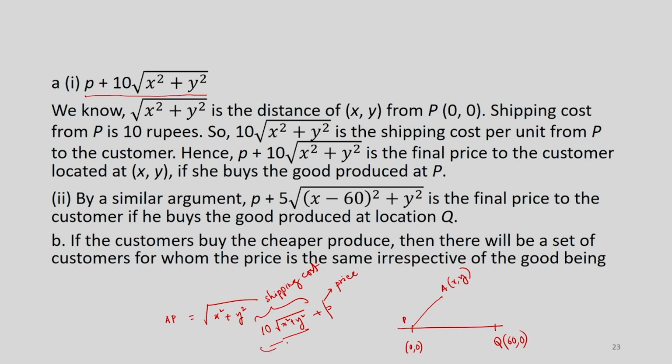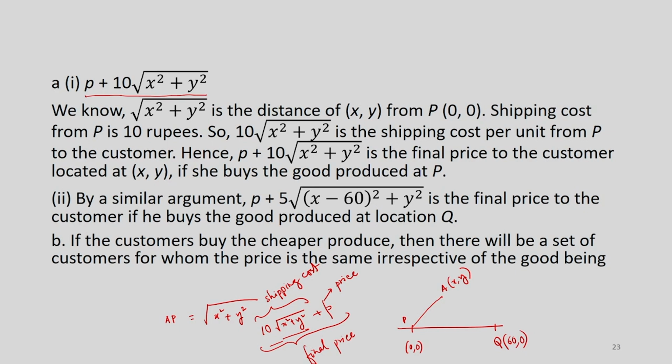So, this is the final price. This is the final price that any customer will have to pay for a unit of that good if he is located at A and if he is buying the good which is produced at P. So, that is the economic interpretation.